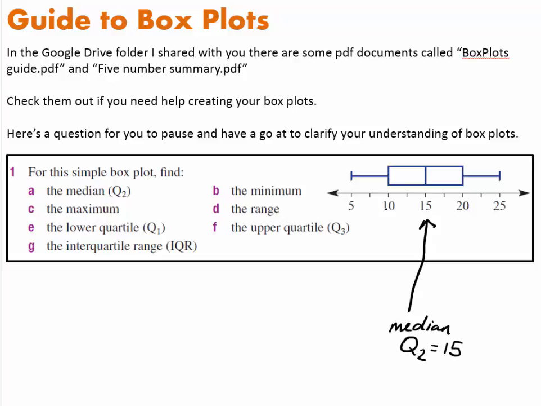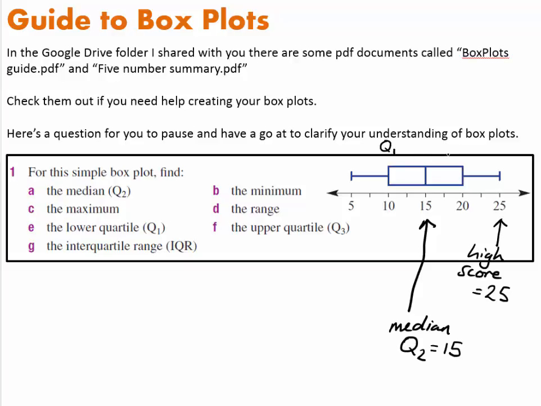The maximum score, so the very highest score, is up here. That's where we put that on our box and whisker plot. So this is our high score, and in this case, it's 25. Lower quartile, so this location here. We've got our quartiles here.